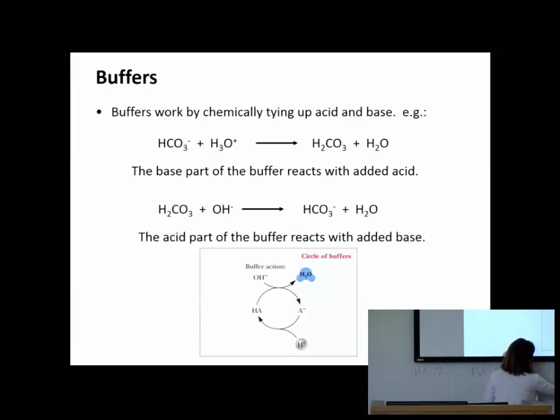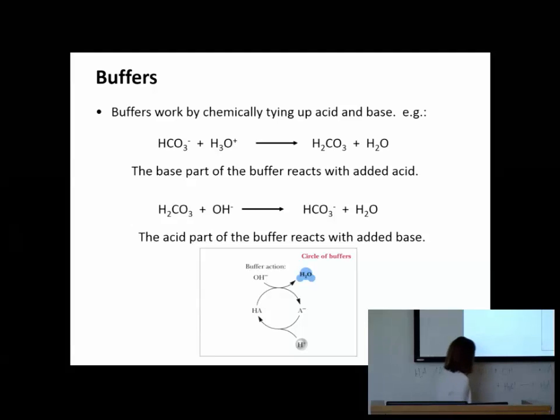The base part of the buffer will react with added in acid to produce the acid part of the buffer, and water.